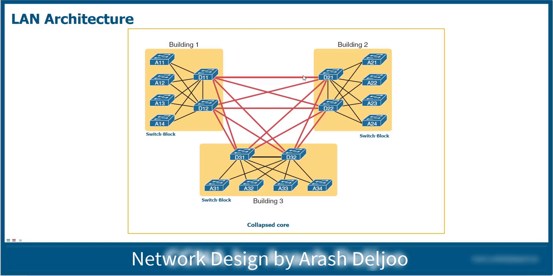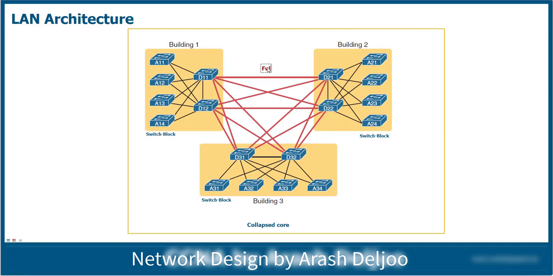Here you can see one mesh topology. Why? Because D11 now is connected to all of the other distribution layer switches, again D12 to all of the other distribution switches. Because of that, here we can see that between the switch blocks we are using the full mesh topology. This is the full mesh.